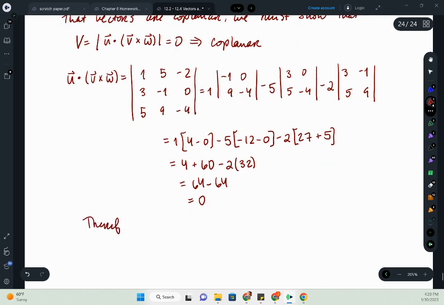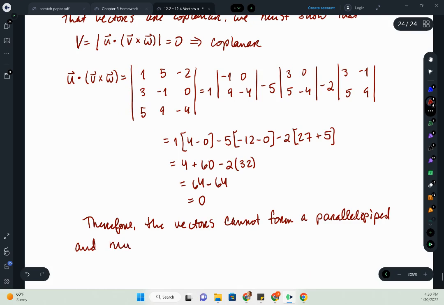Therefore, the vectors do not or cannot form a parallelepiped and must be coplanar.